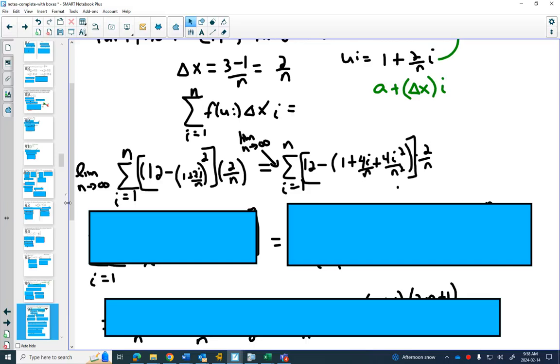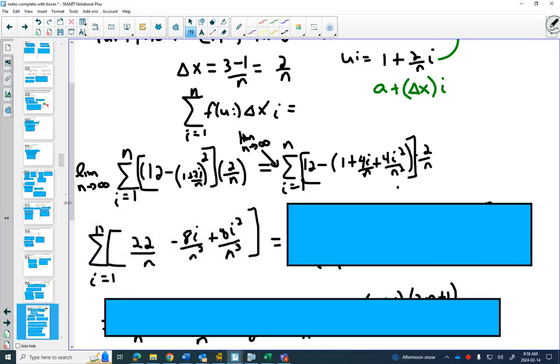And now our job is to do algebra until we get our formulas to appear. I should have that limit as n goes to infinity in front of each of those. So we're doing algebra, and our goal is to get these i's by themselves.